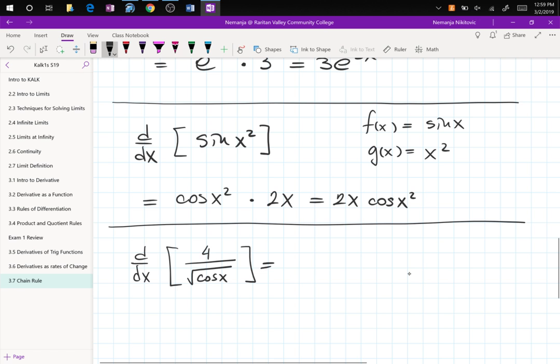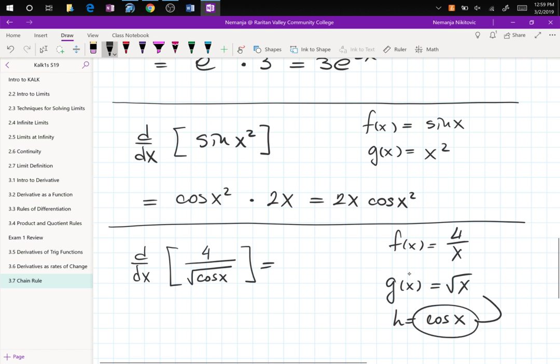Oh, you want to decompose it. Okay. So f of x is 4 over x. I agree. What's my g? Square root of x. Nice. And now there is a third one. Cosine x. You need to be able to take this now, plug it here, you see it's a root of cosine, and then you take all of that stuff and plug it in there, and you get the original function.